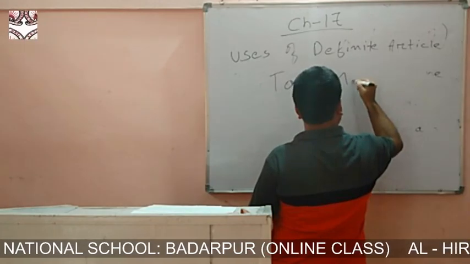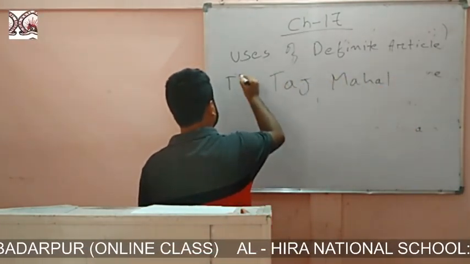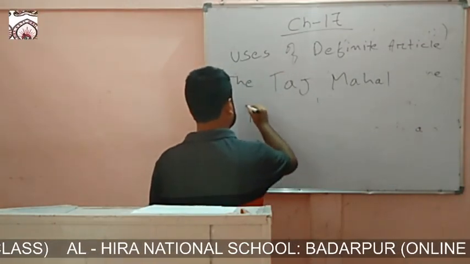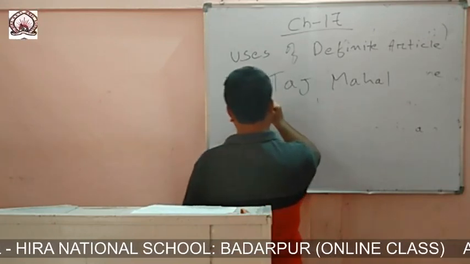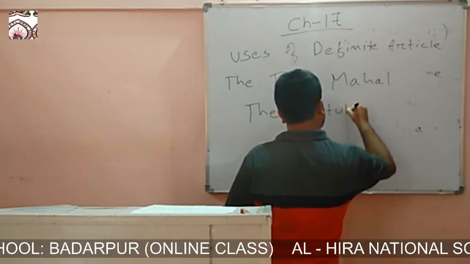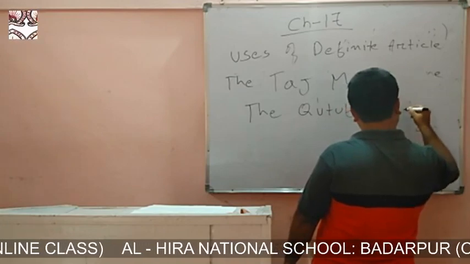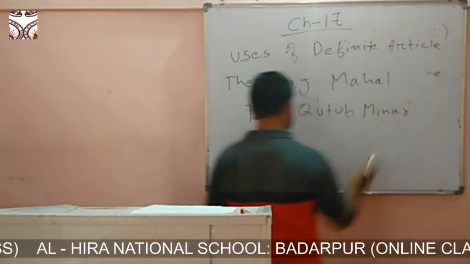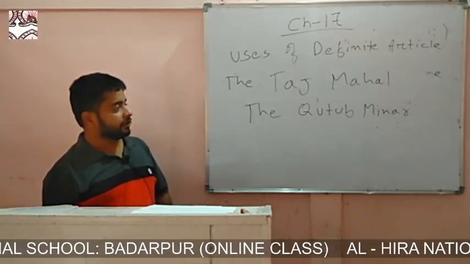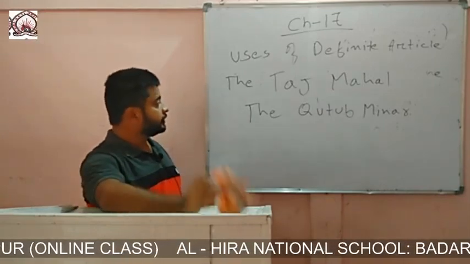We should always write "the" at the beginning: the Qutub Minar. We cannot write only Qutub Minar. We should write "the" at the beginning of a historical monument. If we find a historical monument and we don't find "the", we should write "the".